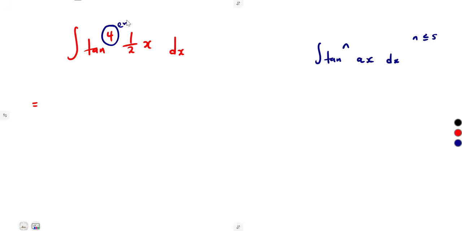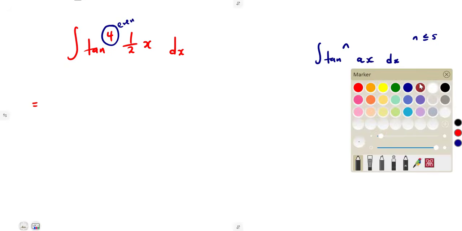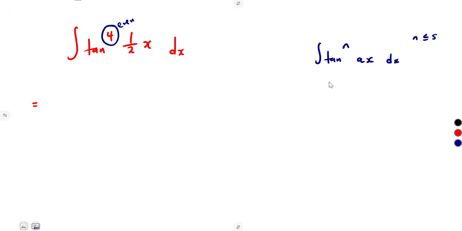It is an even exponent. So we are going to use the condition for n equal to 2 or n equal to 4. I think I talked about that one as a separate topic, how to integrate this part of tan.